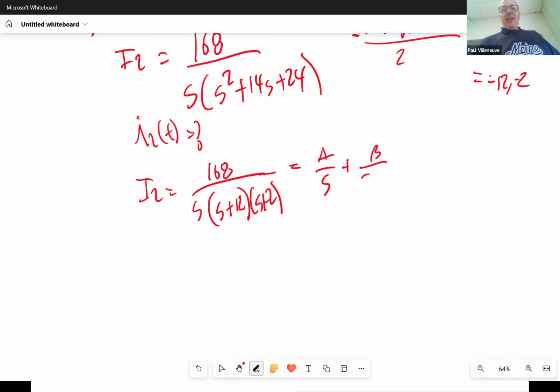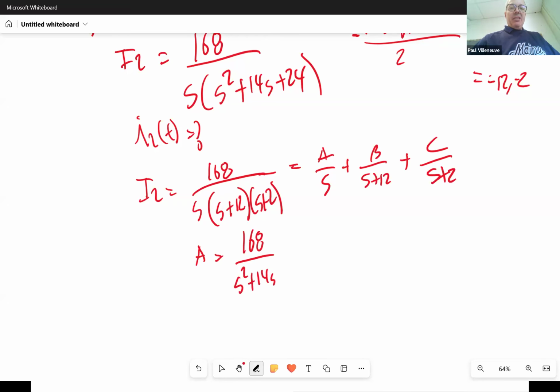Plus B over S plus 12 plus C over S plus 2. So A is going to be 168 over S squared plus 14S plus 24, evaluated at S equals 0. 168 over 24. Let's see. Does that work out to be 7? I think that's 7.